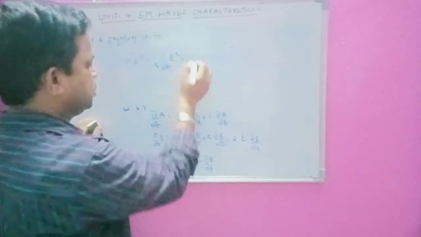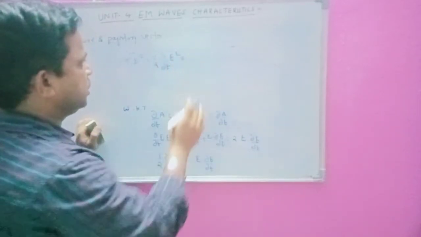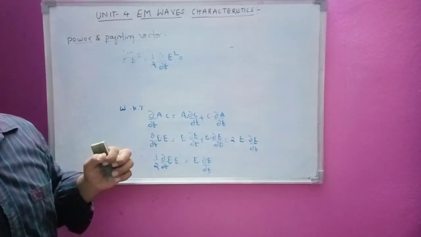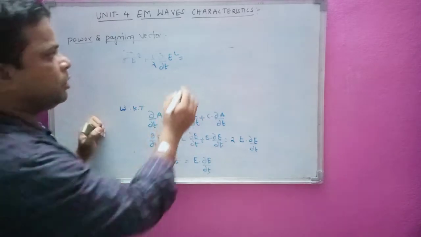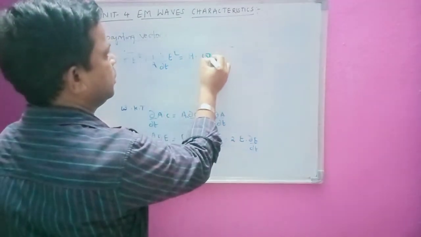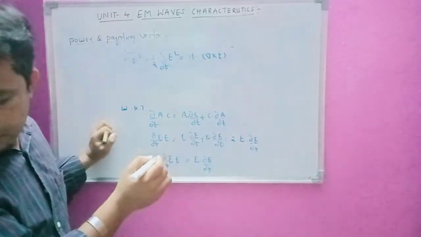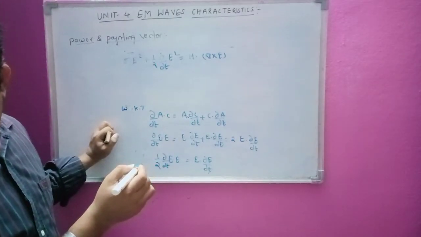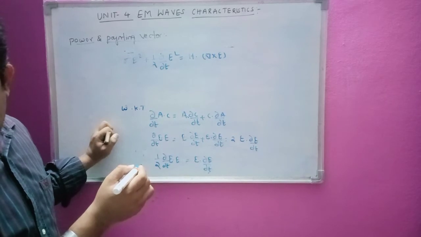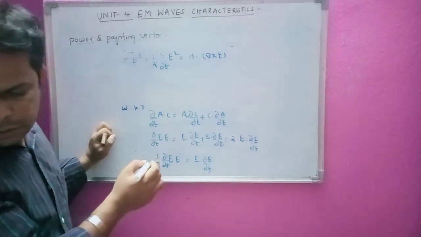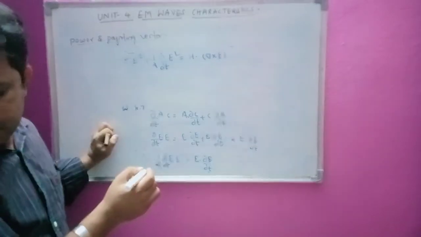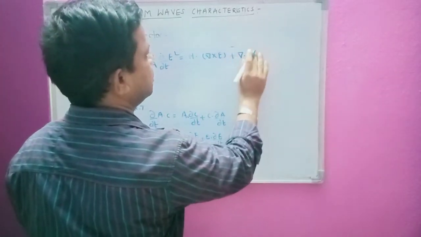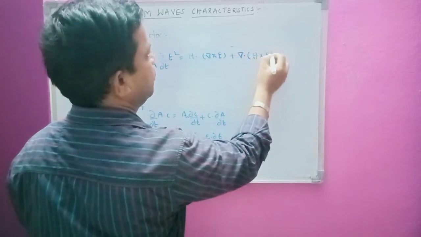E square is equal to, on the left hand side, what I got, H·(del cross E) minus H·(del dot my) plus del dot (H cross E). Okay, we have got this equation.